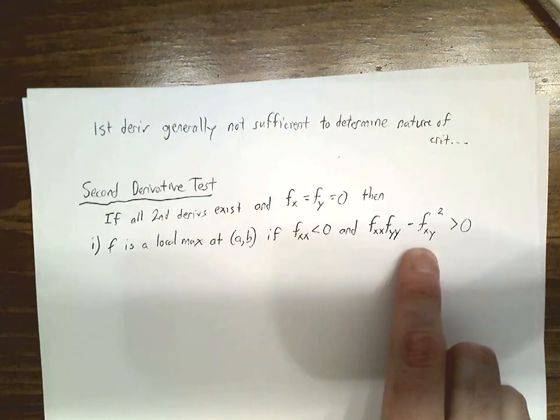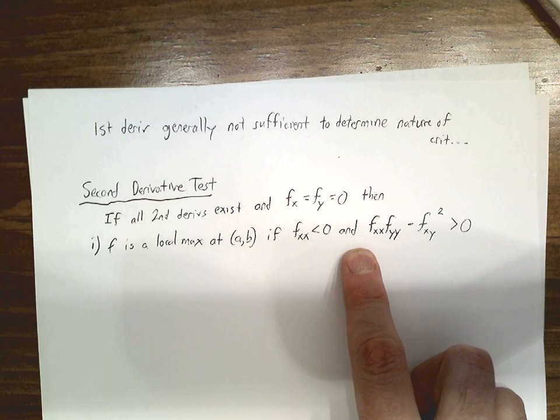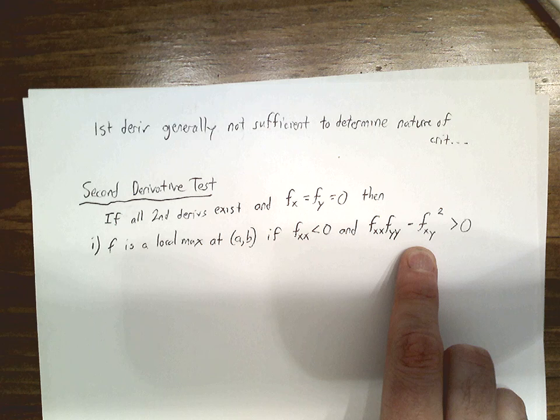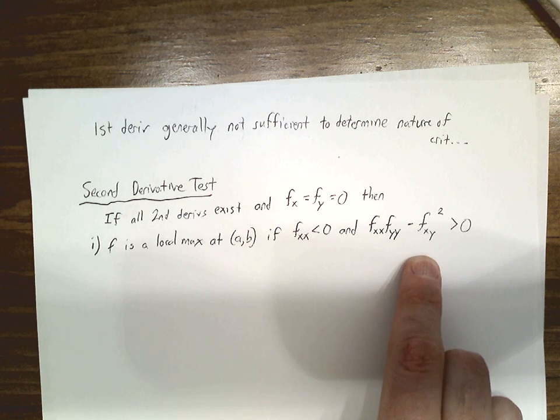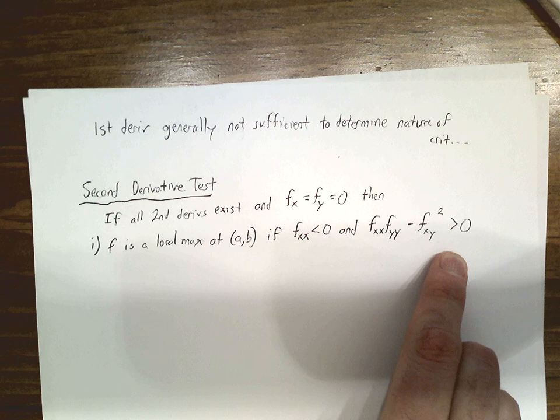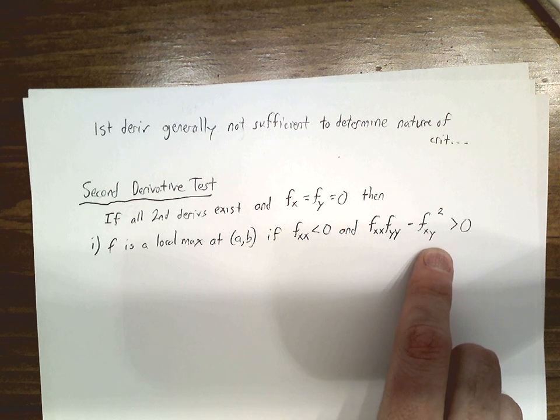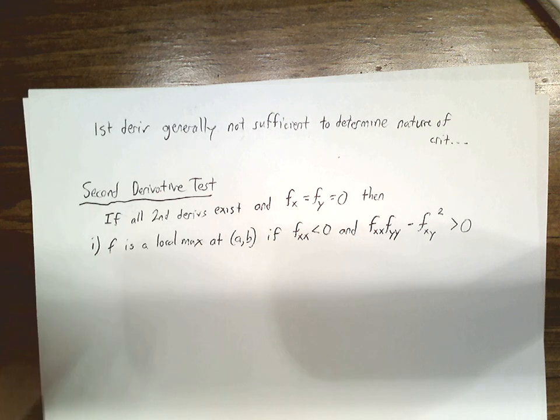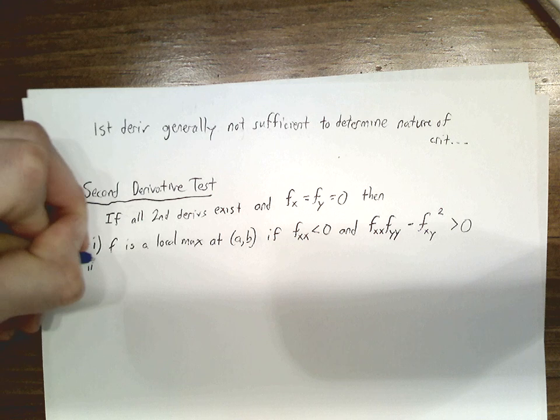So we have to calculate this quantity. We multiply the two same partials, and then we subtract the mixed partials squared. Remember, this is fxy times fyx, but according to Euler's theorem, they will always be the same, provided they're well behaved. And so we can just square one of them. Less work. We only need to calculate 3 out of the 4 instead of all 4 of them, which is nice.